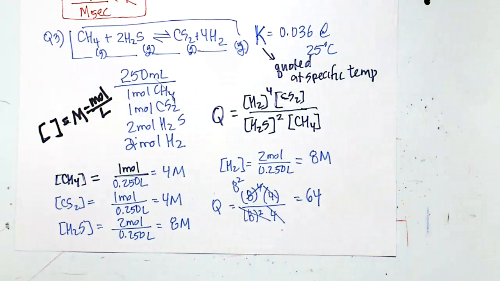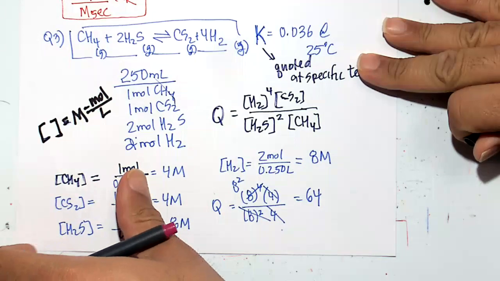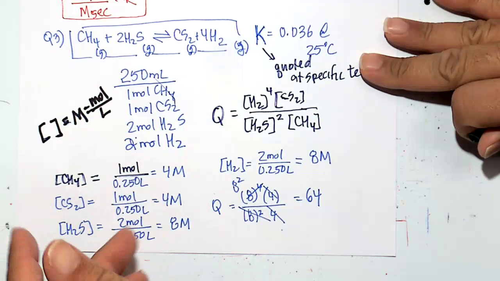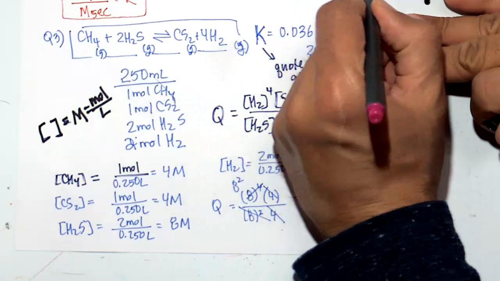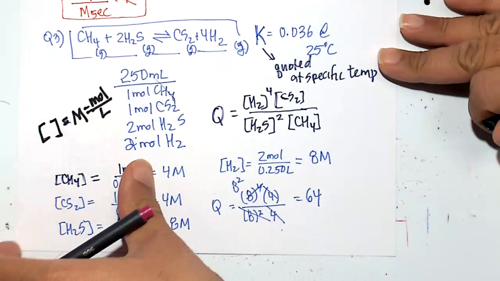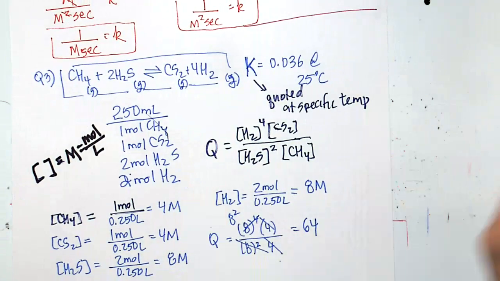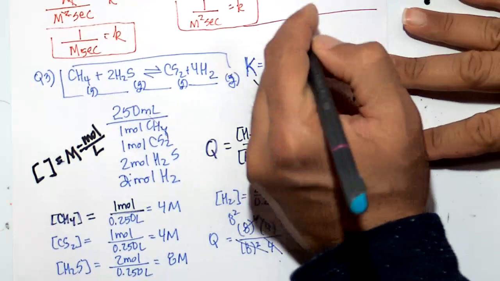Okay. Which way will it go to get to equilibrium? Okay. Here you're going to use what's called the Gator rule. Okay. So what will we put first in the Gator rule? Q or K? Q or K goes first in the Gator rule? Q is right. And then what comes?